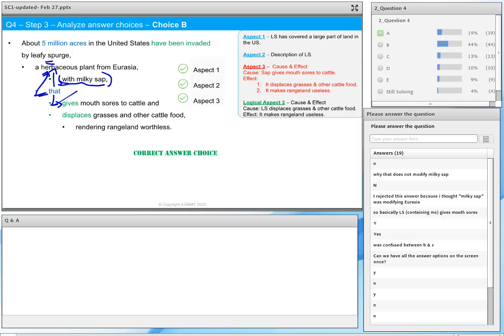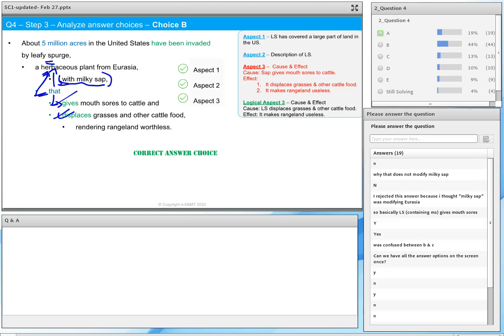Remember how when we were doing the meaning analysis, we did say that displacing grasses should be connected to leafy spurge and not to milky sap. Choice B exactly does that. It takes displaces to that, and that is taking us to herbaceous plant. So according to choice B, herbaceous plant or leafy spurge displaces grasses and other cattle food. Absolutely logical. We do not deny that logic because that is what we understood from the original sentence.